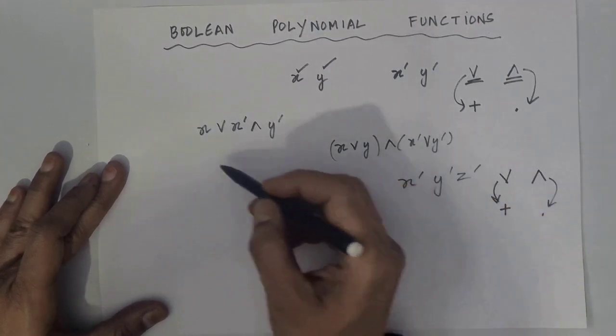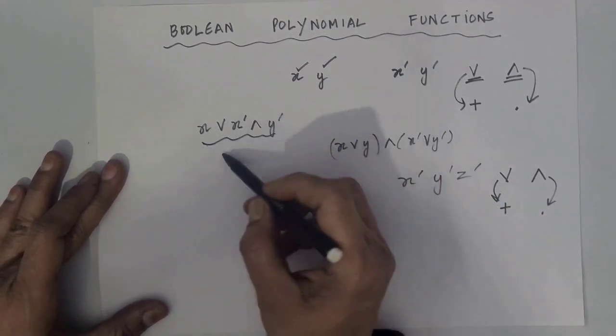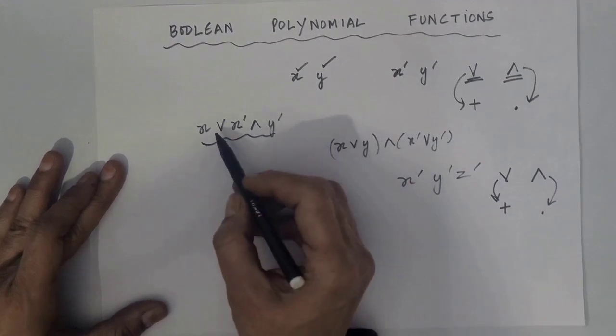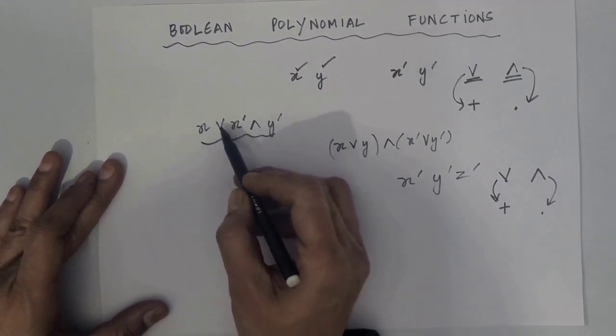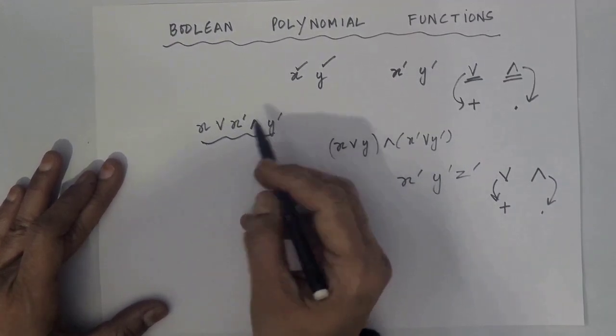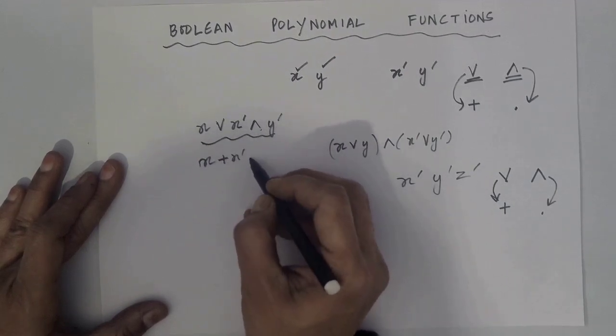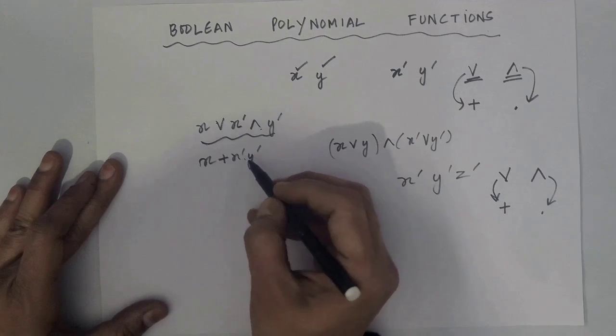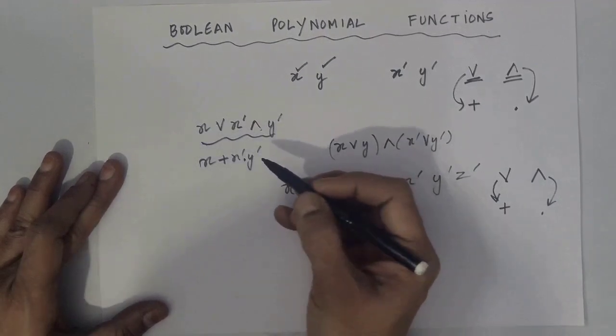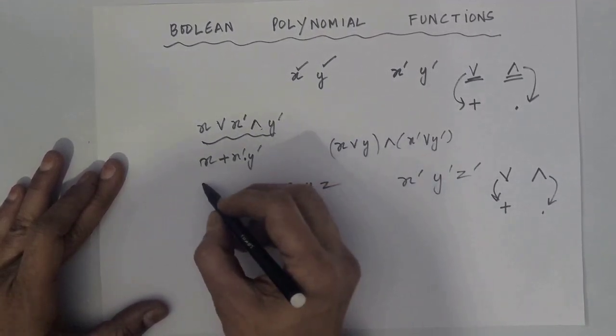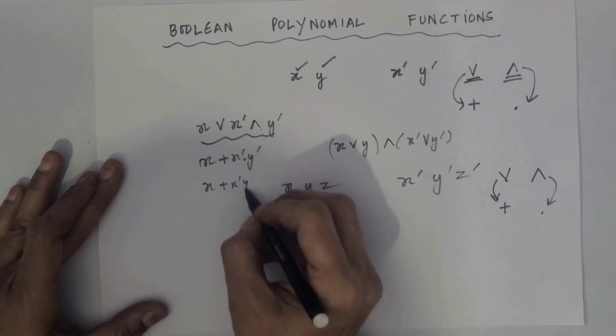So, which means that if you have a polynomial like this, which is a polynomial of two variables, then since join can be represented by plus and meet can be represented by dot, you can represent this polynomial as x plus x dash into y dash. Here, whether you write the dot or not, it's understood. So you can write like this: x plus x dash y dash.